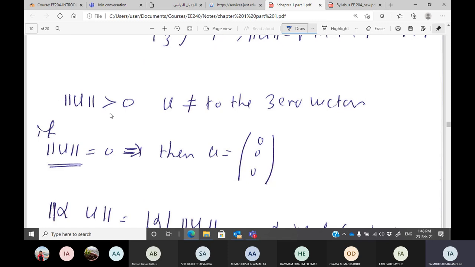Norm of u is always greater than or equal to 0. Why? Why is the norm always non-negative? Because it is a length, right? Because it represents the length. The length cannot be negative.